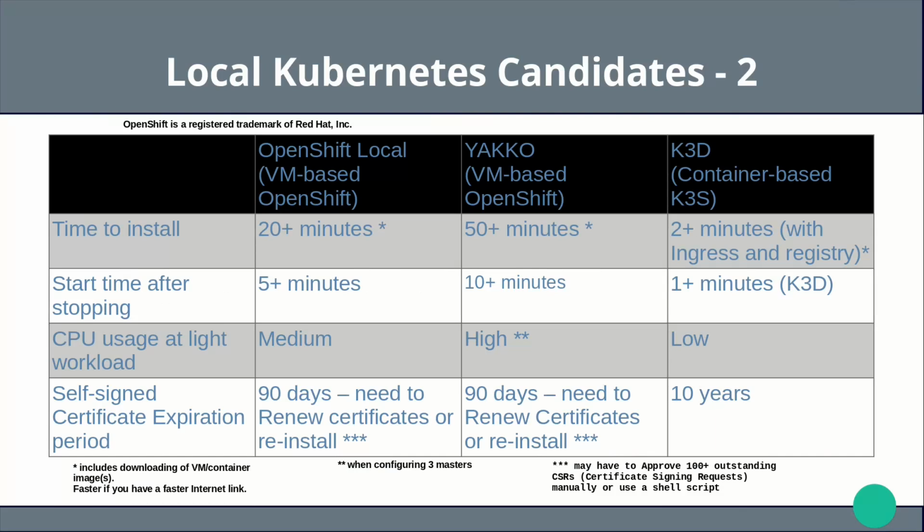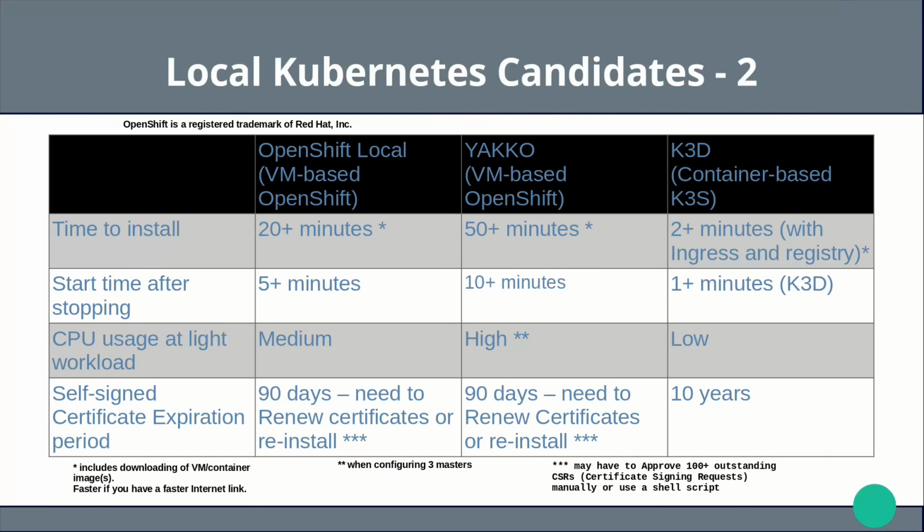CPU usage. For OpenShift Local it is medium. For Yacko, I had to be careful. I created a 3 master OpenShift cluster, thinking that by just using masters, I get HA and I can deploy applications on the masters themselves.